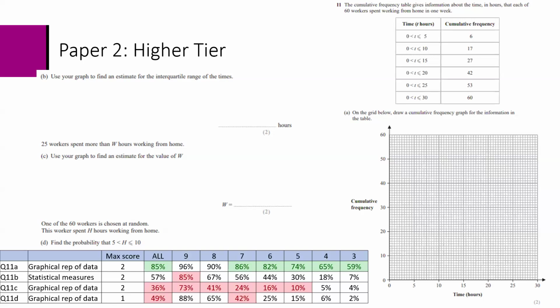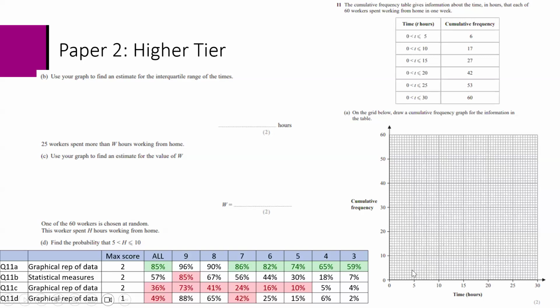But I think there's something else in here that you can take away from this session to highlight to your students. So, use your graph. Notice that this part here does not say use your graph. Now, I would say students on this part would automatically start to draw lines up between 5 and 10 and try and read values.